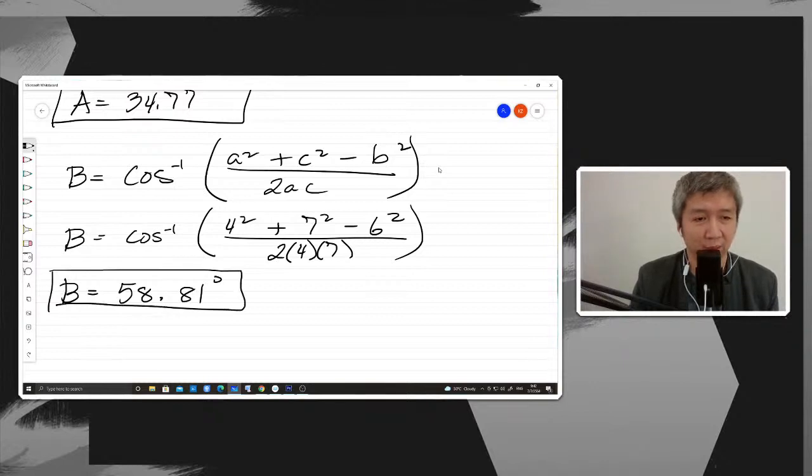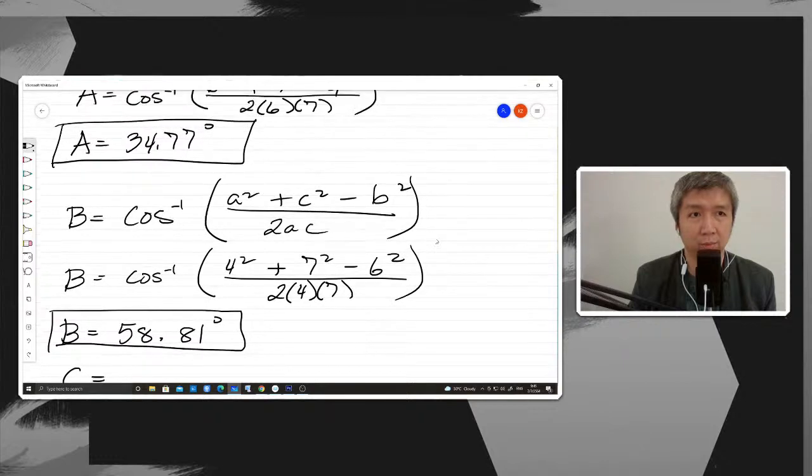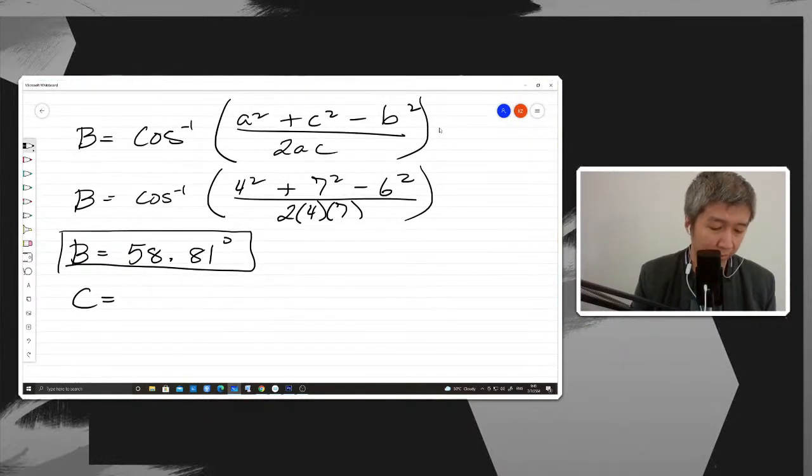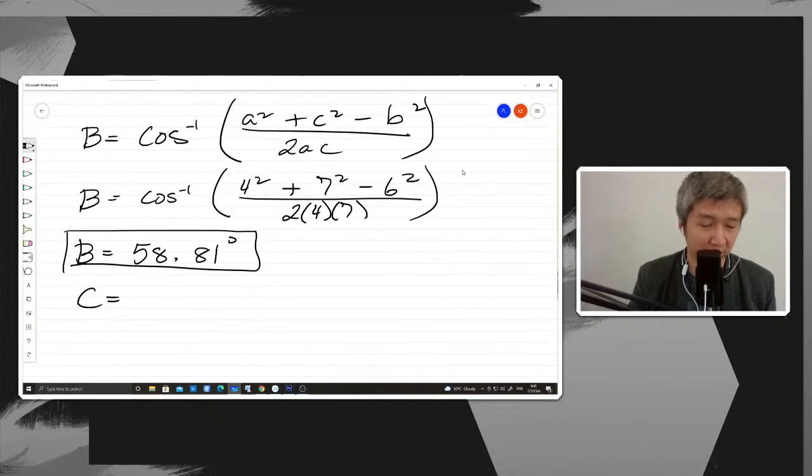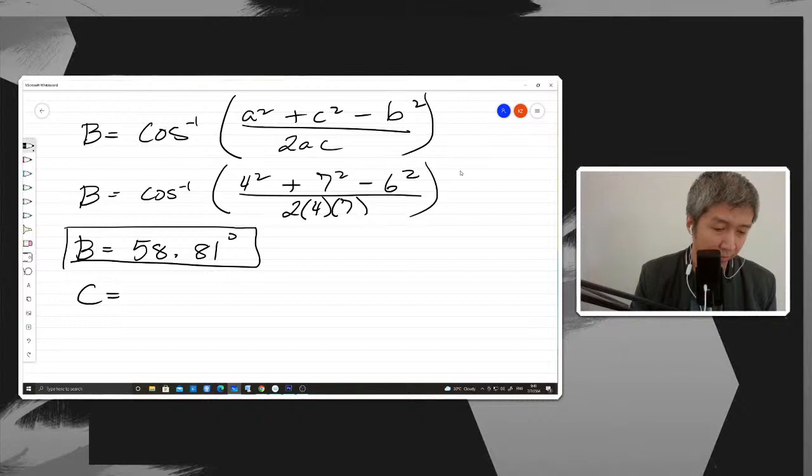And for the last one, angle C, use the easiest one, subtraction. 180 minus 58.